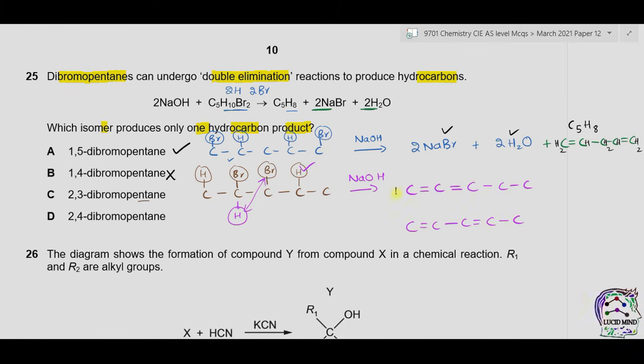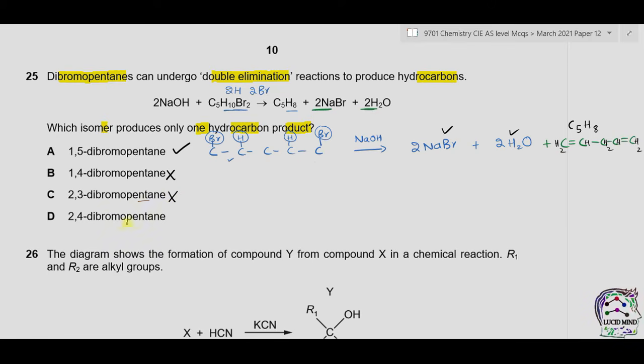Rest are the hydrogen atoms. As we can see that the double bond is present on first and second carbon, and in this structure double bond is present on first and third carbon, so therefore both hydrocarbons are different. So as two hydrocarbon products are formed, C is also wrong.